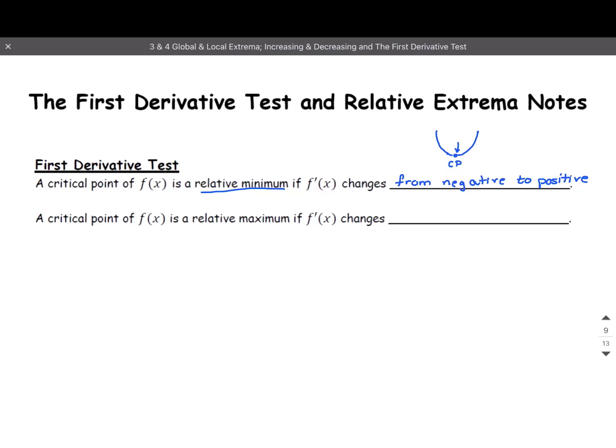Now, a critical point is a relative maximum if f prime of x changes from positive to negative. So when the derivative is positive, the slopes of the function are positive, so it's increasing. And then when the derivative is negative, the slopes are negative, so the function is decreasing, which means this turning point up here is a maximum at that critical point, okay?